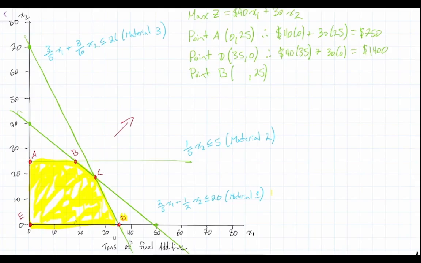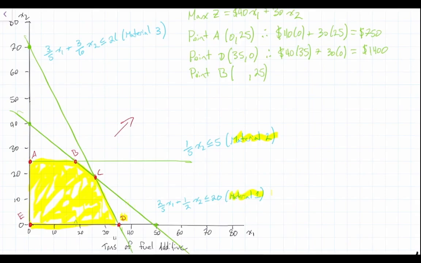Of course, we could approximate it and think that it's probably about 18, but we are not going to do that because it won't be exact enough for our solution. So we're going to look at which two lines intersect at point B. Well, it is material 2 and material 3. Nope, my apologies. It is material 1, this line right here, that makes up point B.